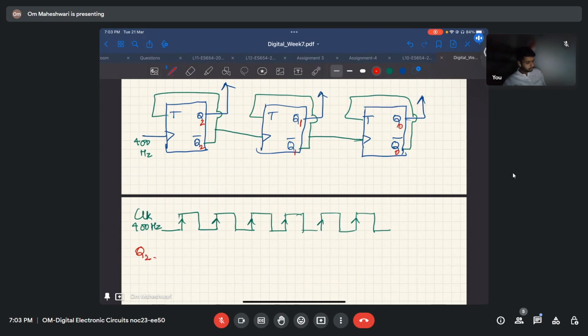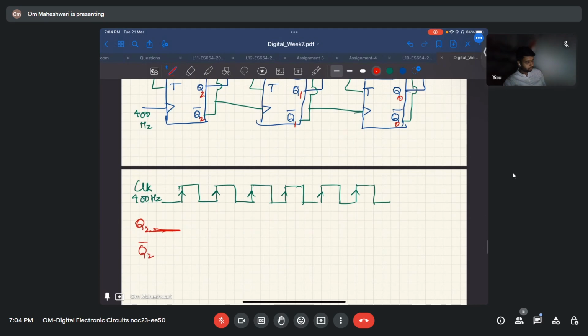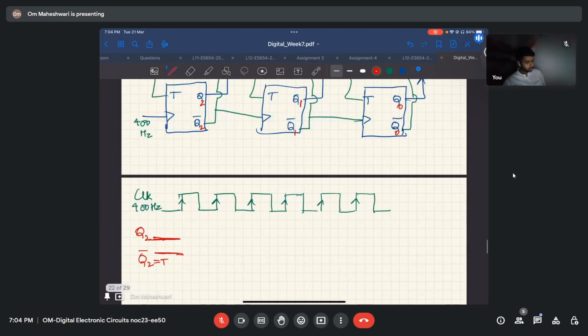Let us suppose initially Q2 was 0, right? So Q2 bar will be 1. Q2 bar equals T. So we know whenever there is T at this clock edge, the input to the flip-flop T is 1. So this Q2 will flip. So let us flip this. If it flips, it will go to 0, right?